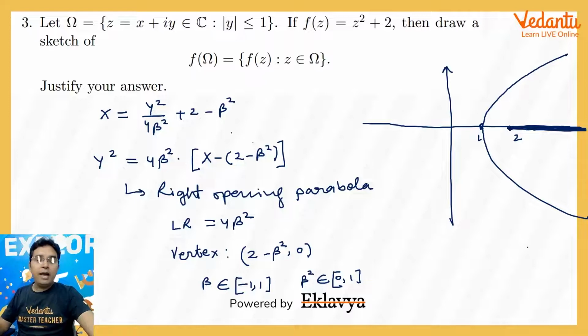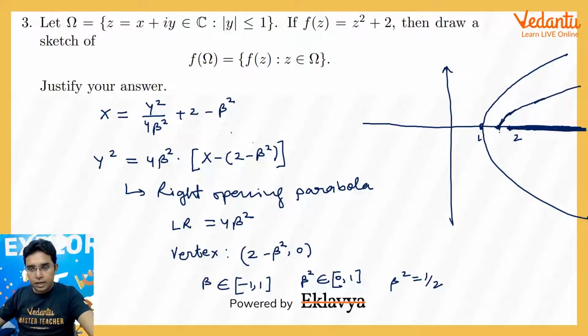Now if I take any number in between, say β² equal to half, this vertex will be here, 1.5 you can say, and my latus rectum will be, in this case, 2. Yeah, 2. So you can see this will be a smaller parabola, smaller in the sense of latus rectum, and this will be going like this.